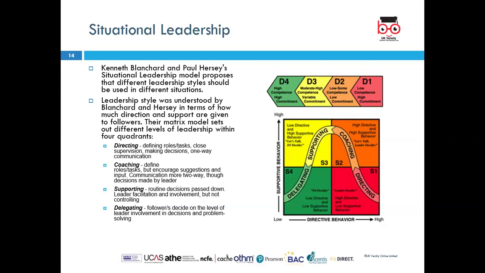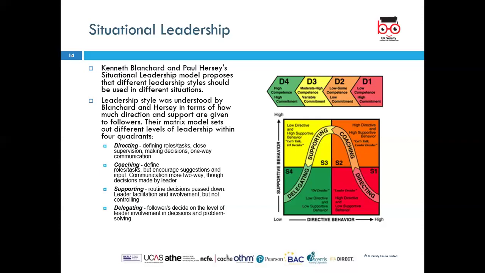In the orange box there's some competency, but again low commitment, because there's more coaching from the leader. You can define coaching as where the leader encourages suggestions and inputs. Communication is two-way, but again this is determined by the leader.